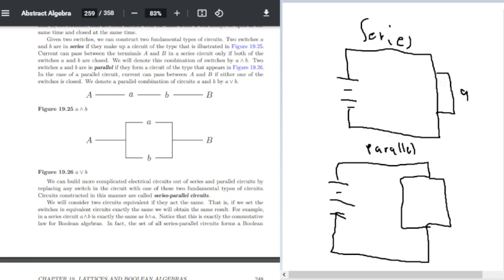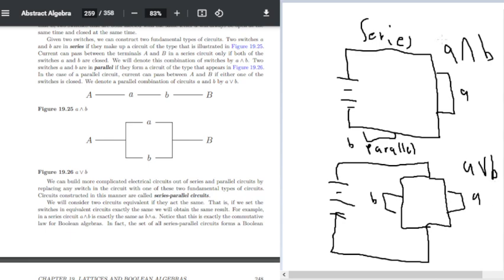This is A, this is B. And then if we have switches A and B here, this whole series circuit is denoted by A meet B. So this is denoted by A meet B, and this is denoted by A join B.